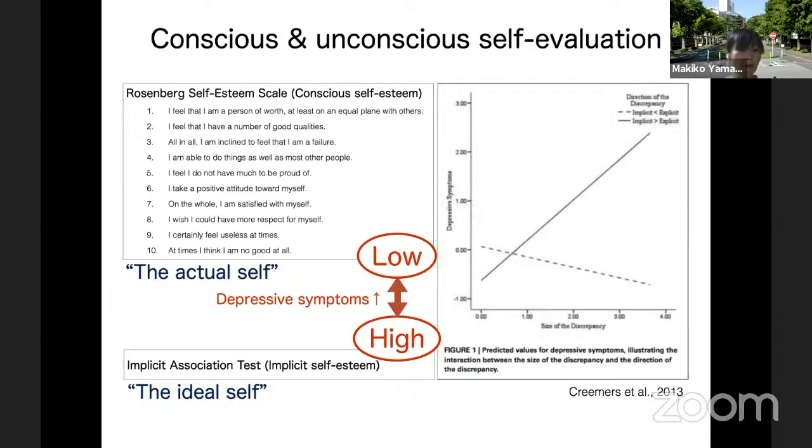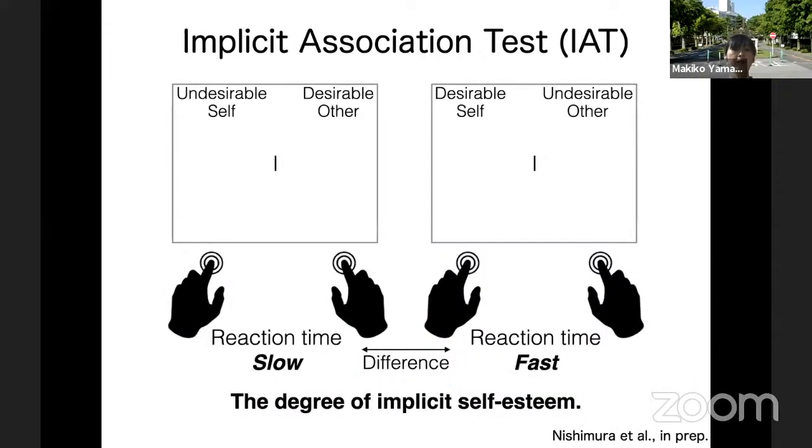So we performed the implicit association test. It works like this. Subjects were asked to categorize the centrally presented word, for example "I", to either the left or right side. In the case of the left figure, the subject decides this "I" corresponds to the left side, self.